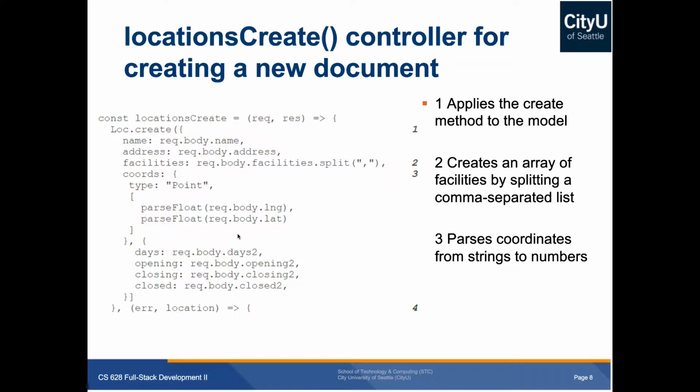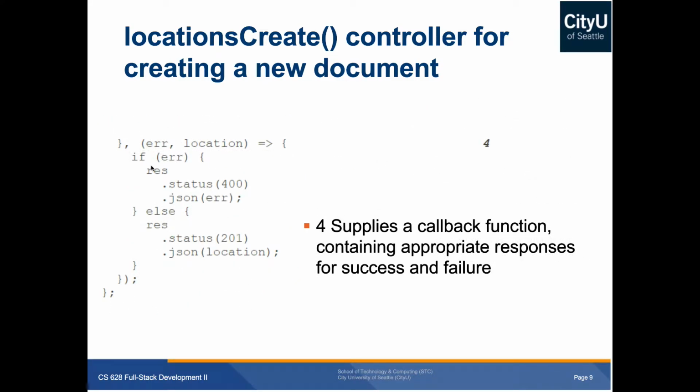And after this first one, right, this is the first parameter for the create method. The second parameter would be the callback function, the error indication, right? If we encounter any error, let's throw back a 400 and also whatever that error was. Else, if it's good, let's create that.